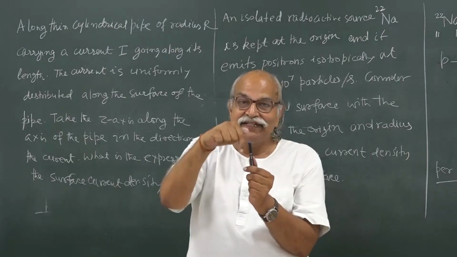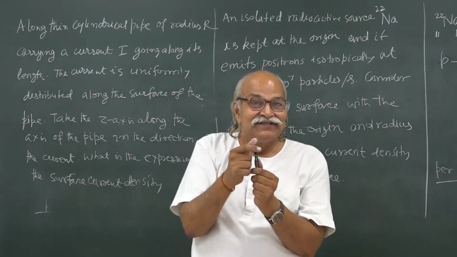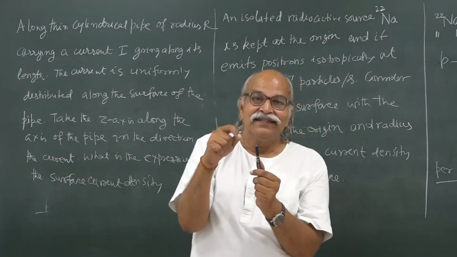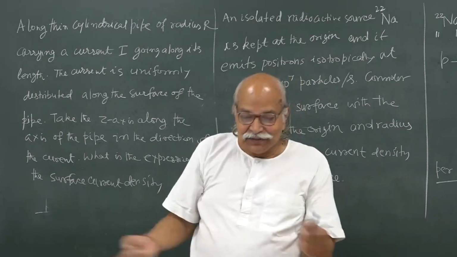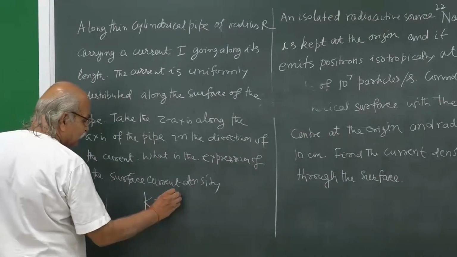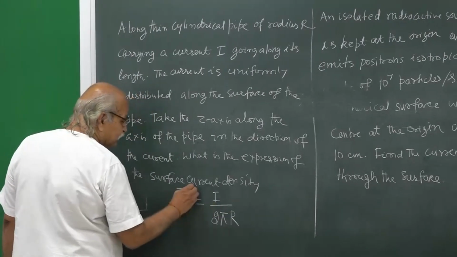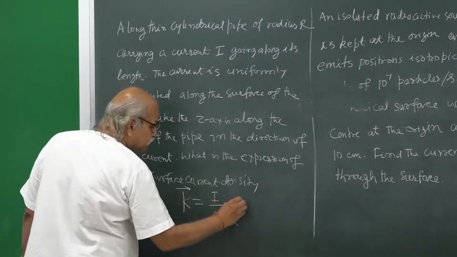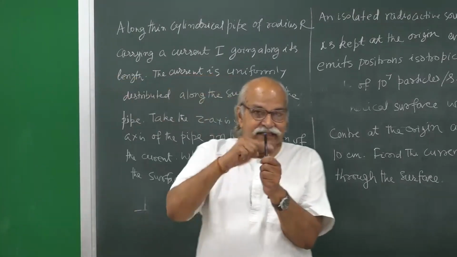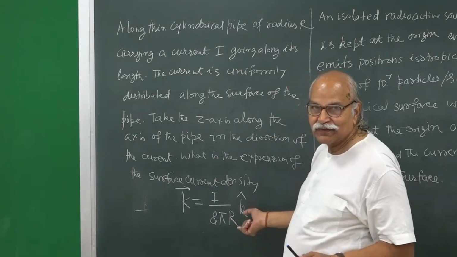What is the length of the periphery? 2 pi into capital R, and total current is I. So, the current crossing per unit length, divided by length of the line, is simply capital I by 2 pi R. K is equal to capital I divided by 2 pi R. And then what is the direction? It is the direction of current, and everywhere the current is in the same direction, Z direction, and therefore it is K times z cap.